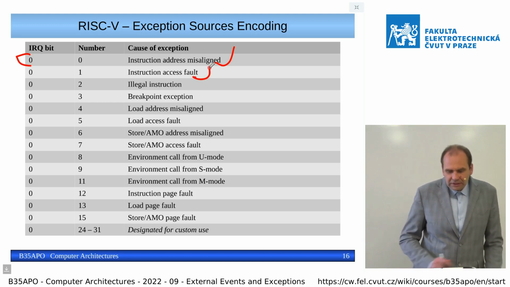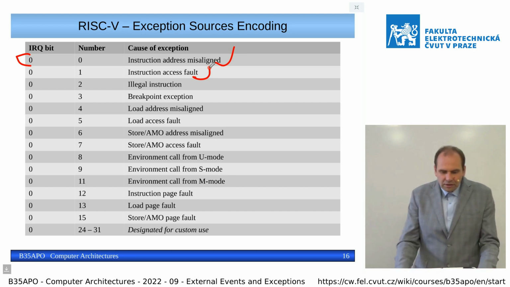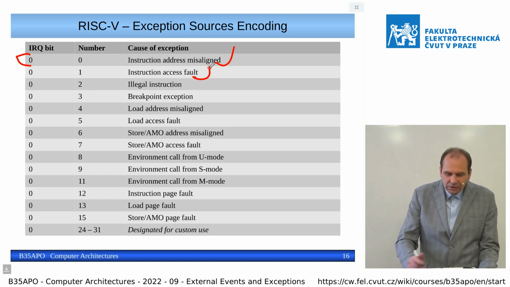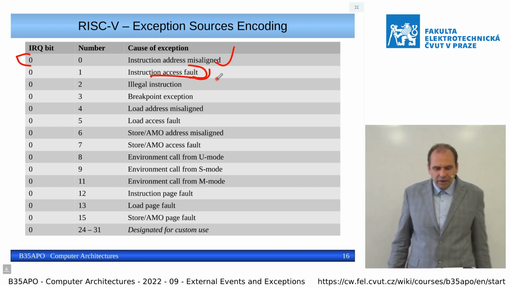If you attempt to read an instruction from an address which is not mapped, or which is not in an executable region, then you get an access fault.